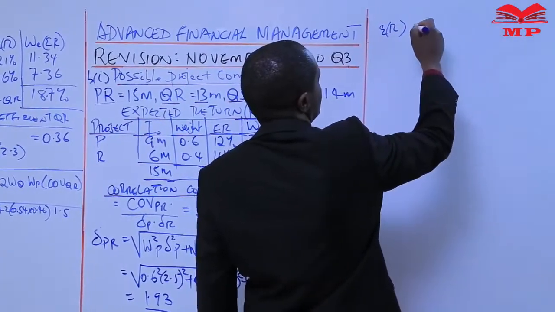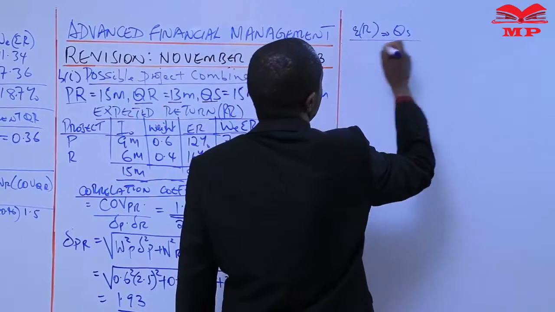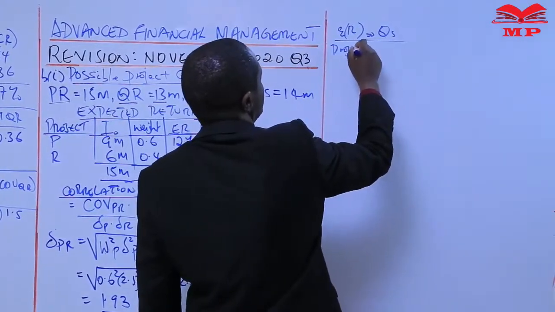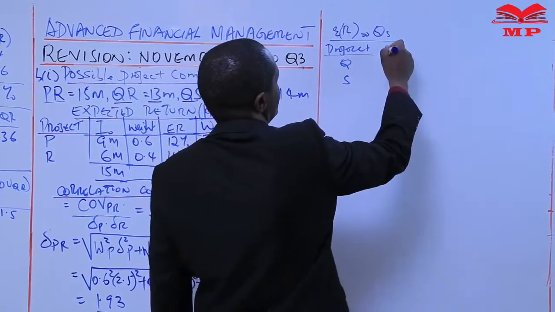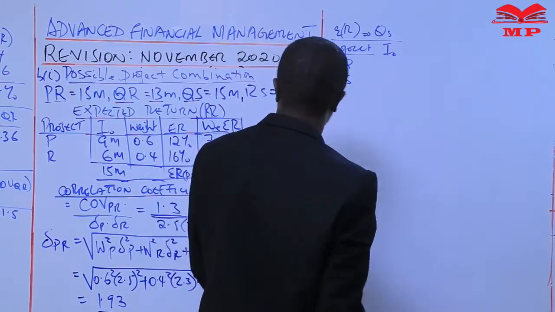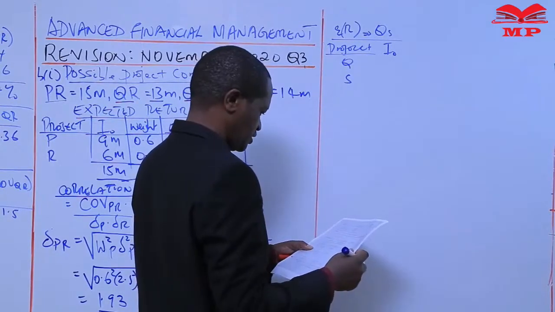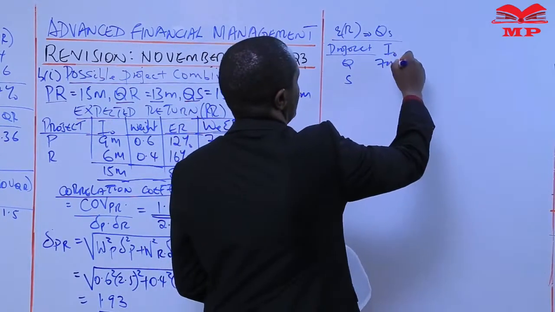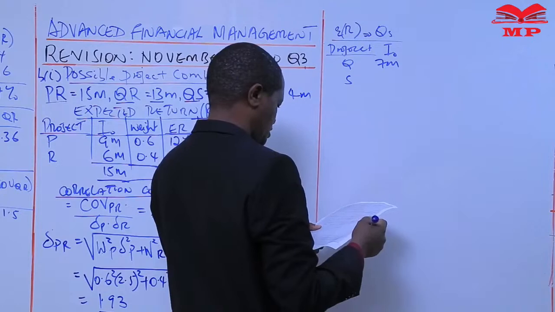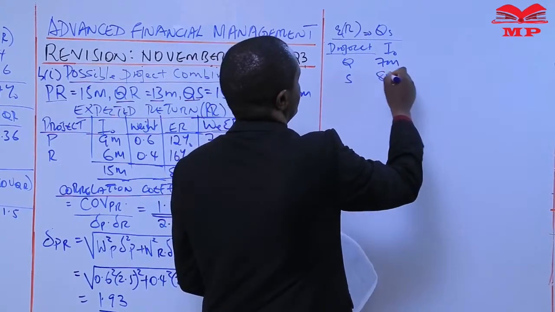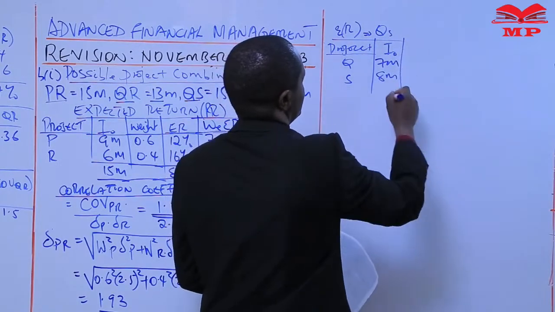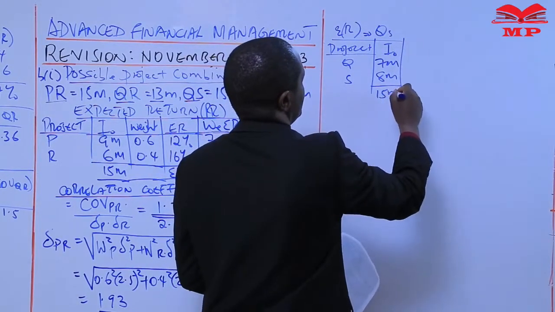For portfolio QS, we begin with project Q and project S. Project Q requires an initial investment of 7 million. S requires an initial outlay of 8 million. Total 15 million.